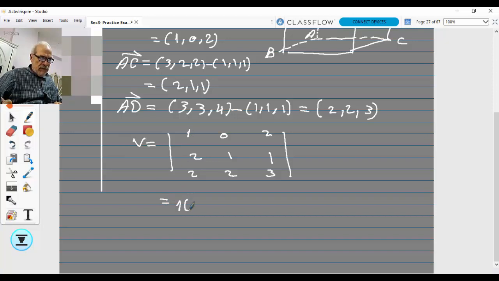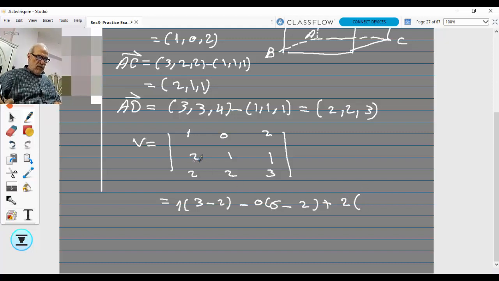1 multiply 3, 3 minus 2 multiply 1 equals 2, minus 0 multiply 2 multiply 3, it is 6, minus 2 multiply 1, it is 2, plus 2 multiply 2, it is 4, minus 1 multiply 2, it is 2. 1 multiply 3 minus 2, it is 1.